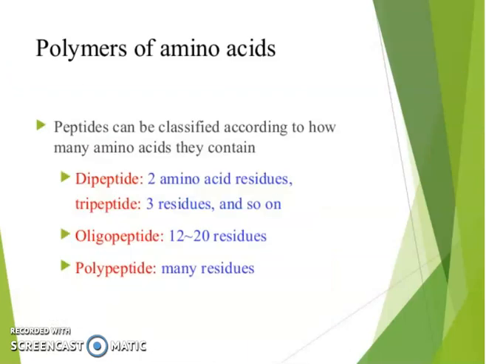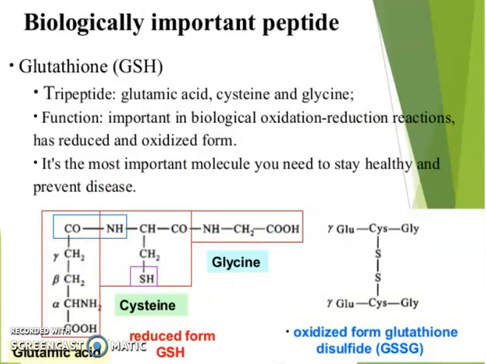Polymers of amino acids, peptides can be classified according to how many amino acids they contain: dipeptide, tripeptide, oligopeptide, and polypeptide.